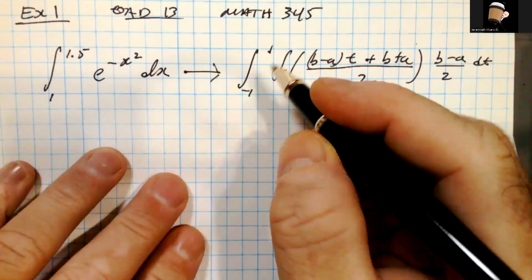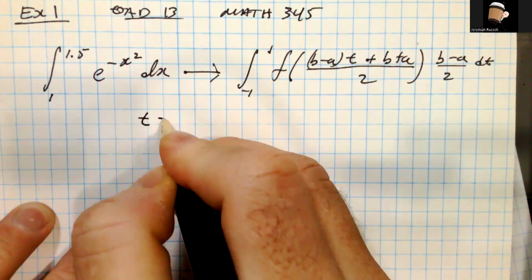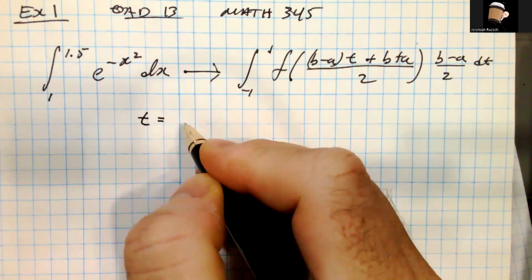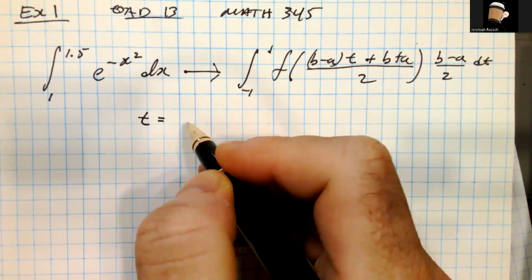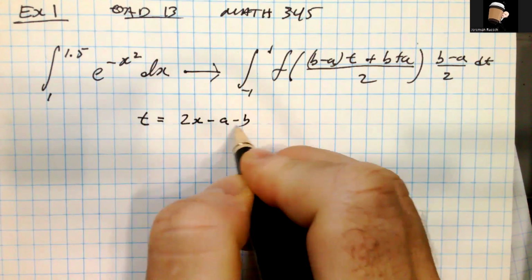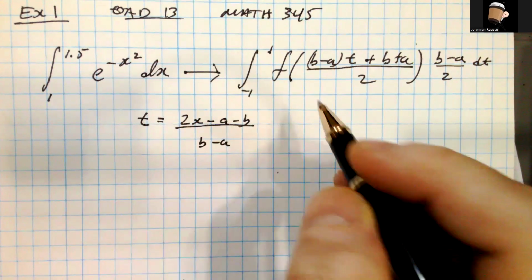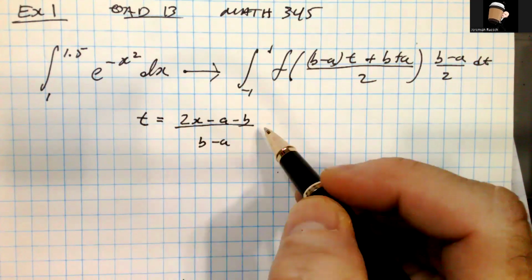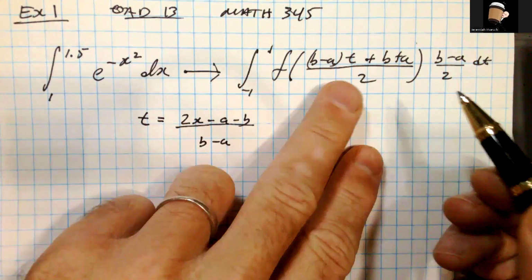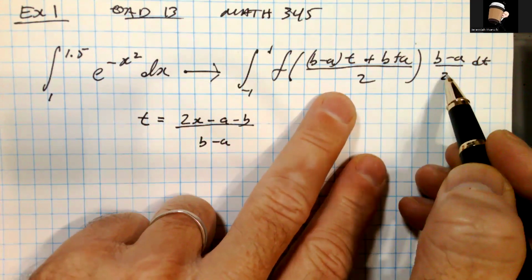So utilizing the substitution, connecting the change in variables to t equal to (2x minus a minus b) over (b minus a). Using this substitution produces this relationship here, and also a relationship for the dx.